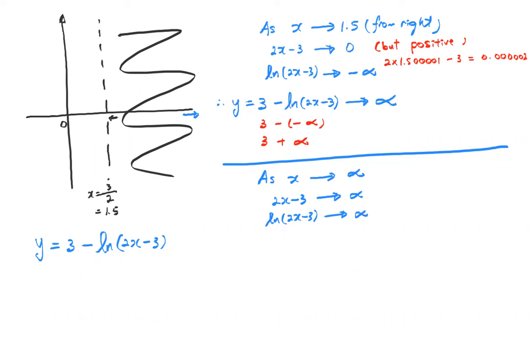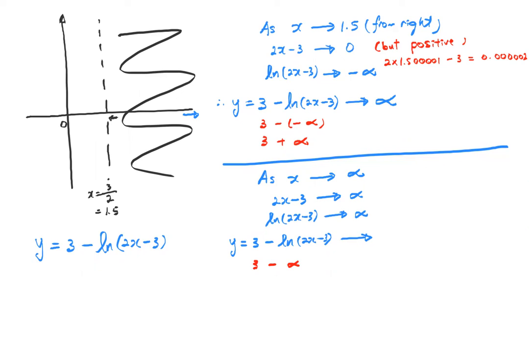You are right. How about my y, which is 3 minus ln(2x minus 3)? You have to decide negative or positive. Is it negative or positive? Definitely it is negative infinity, correct?